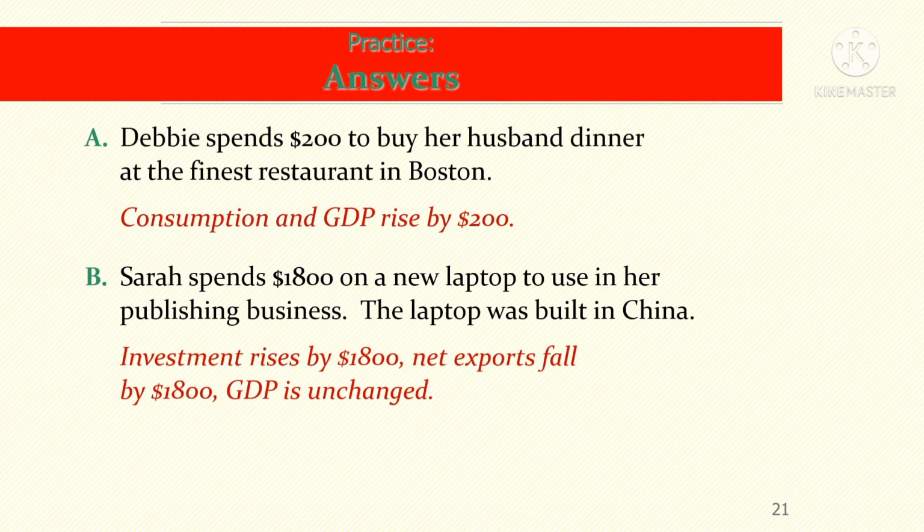So it is investment, or investment rises by $1,800 because laptop is an investment of Sarah for her publishing business. But net exports fall by $1,800 also because laptop is made in the other country. Here, the value of laptop is recorded in imports. Okay, so in effect, GDP is unchanged.